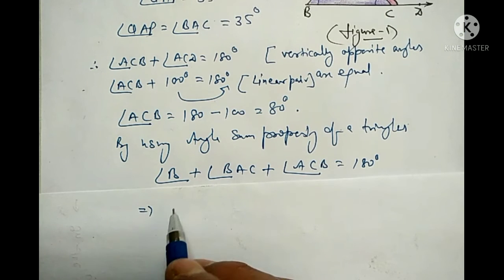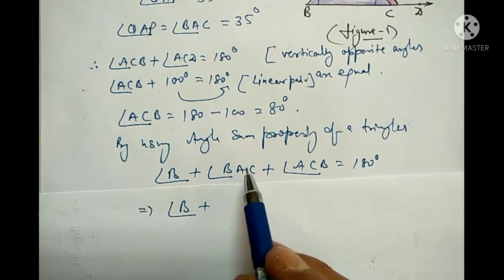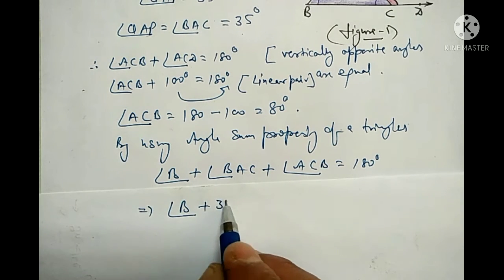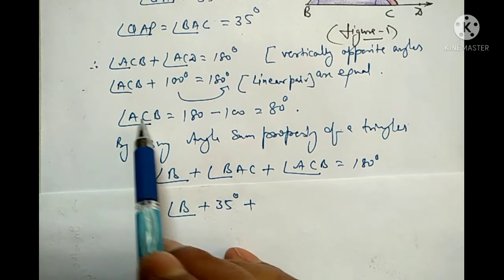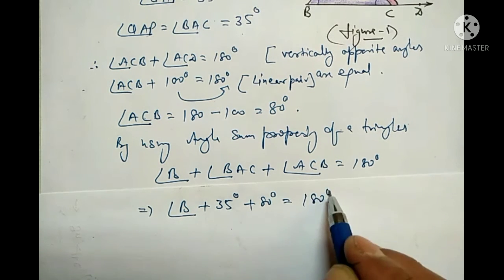This implies angle B plus the value of angle BAC, which is 35 degrees, plus angle ACB, which is 80 degrees, equals 180 degrees.